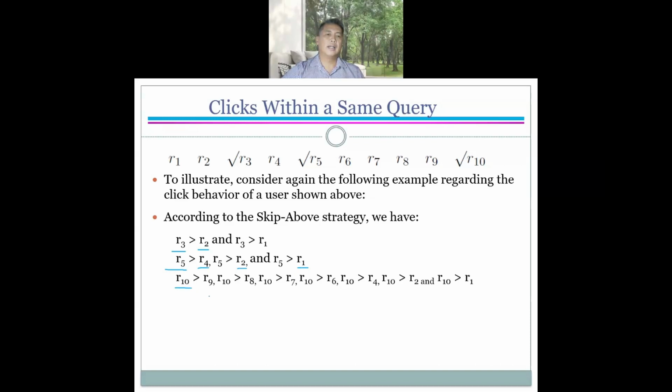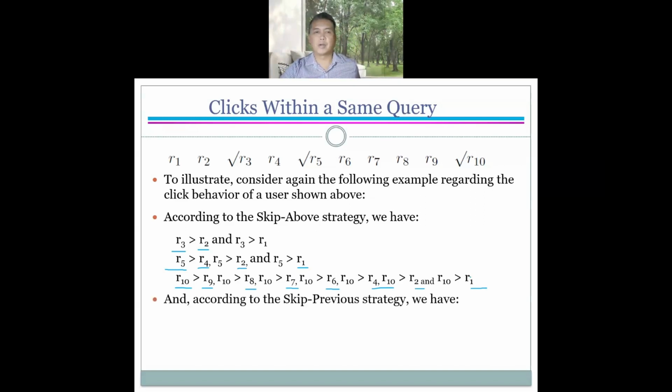If 10, then 10 is more important compared to R9, 8, 7, 6, 4, 2, and 1. So skip above skips all of them. Skip previous skips only the previous one. So this is the assumption that we can get from the click.